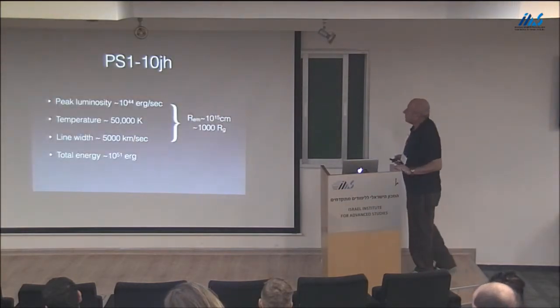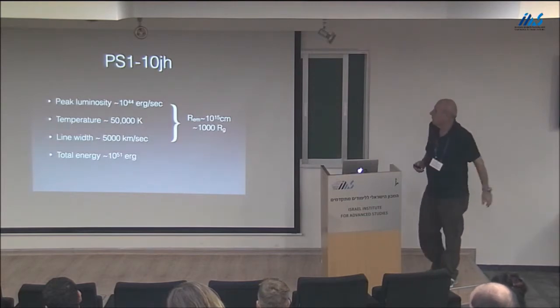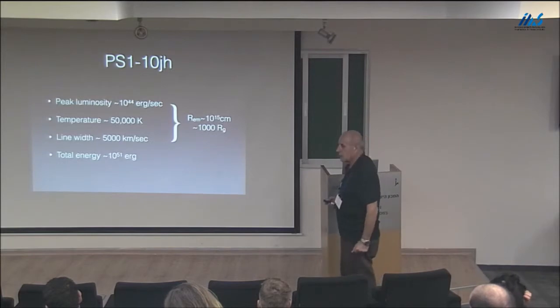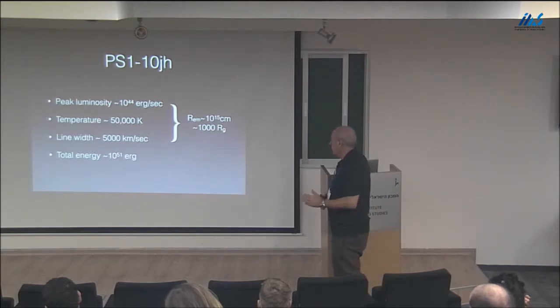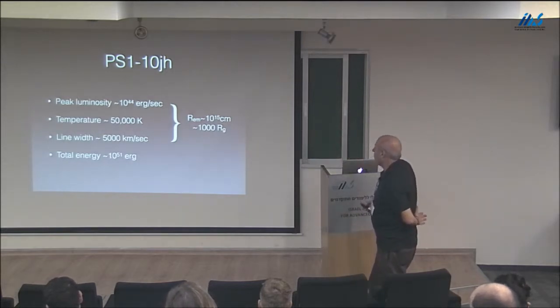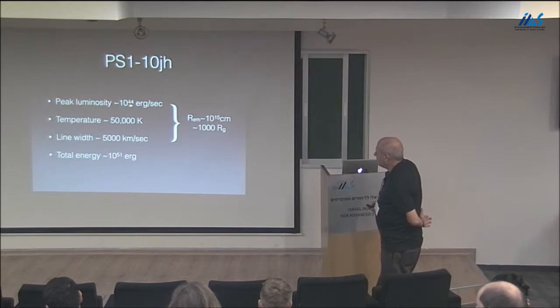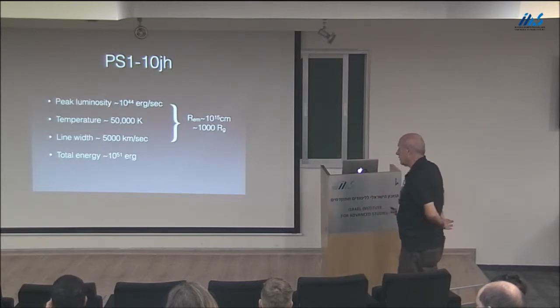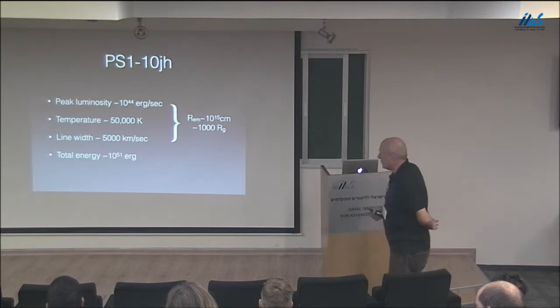Now, what do we see in these objects? Most of my talk will be focused on the optical UV transients. There are also X-ray transients, but I'll be talking only about the optical UV transients. So what do we see here? We see a peak luminosity of 10^44 ergs per second, a temperature of about 50,000 degrees, and a line width of a few thousand kilometers per second, about 5,000.